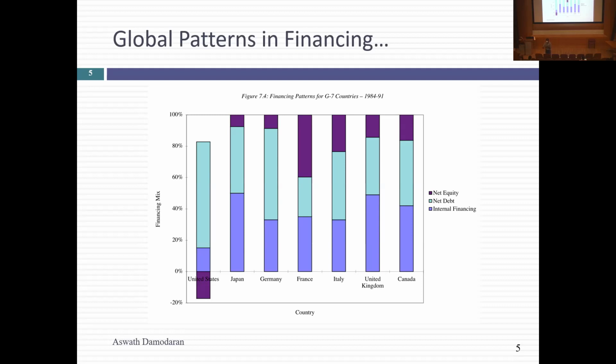You're saying, how can it be negative? Because if your buybacks exceed your stock issuances, which has been true for much of the US for the last 30 years, net equity can be negative. And in the middle, you have internal financing, which basically is retained earnings. You can see already that in different parts of the world, the mix of debt, equity, and internal financing varies.